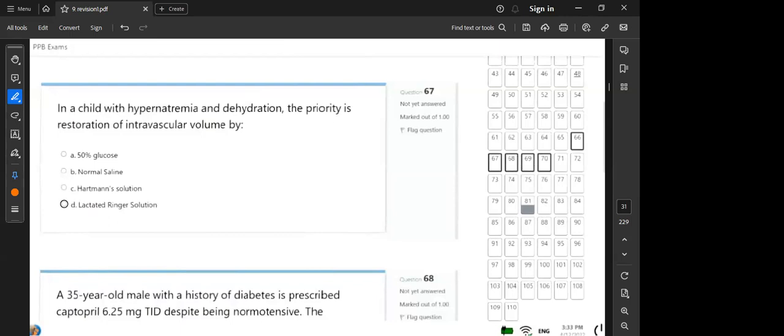Normal saline. So what is Hartmann solution used for? Whoever wrote RI, what is that?